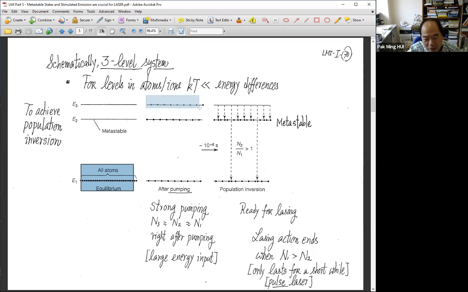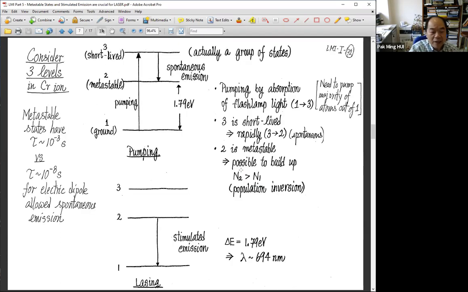So hopefully some will arrive at this and then it will fall down and then you have population inversion, that's the point, okay? So separating the processes, the pumping is to go to a group of states called 3, then spontaneous emission to 2, and that is a slightly longer lifetime, it can come back down, okay? So that is the whole idea.